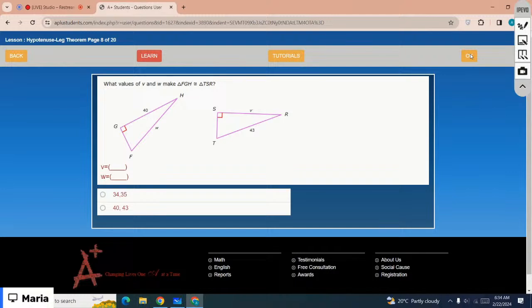Okay, the next one is what values of V and W make triangle FGH congruent to triangle TSR? So which is the correct option?